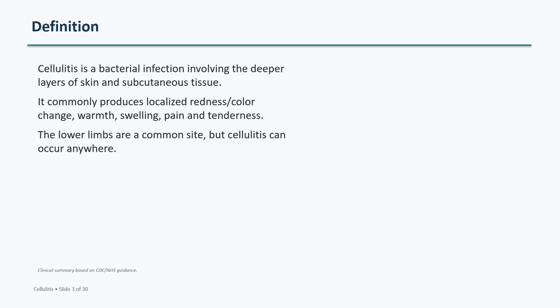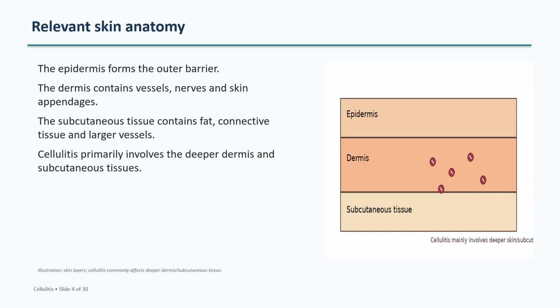But cellulitis can occur anywhere in the body, because infection can be present everywhere in the environment, and it also depends on the environment in which the individual is living. At any place on their body, they can develop the disease.